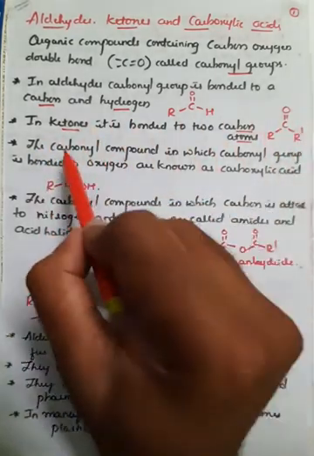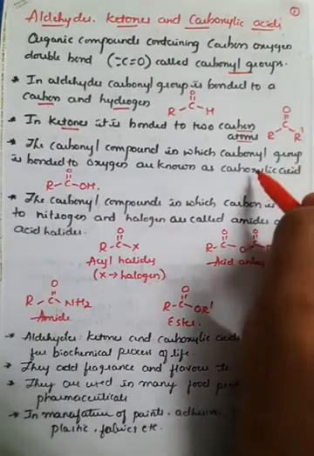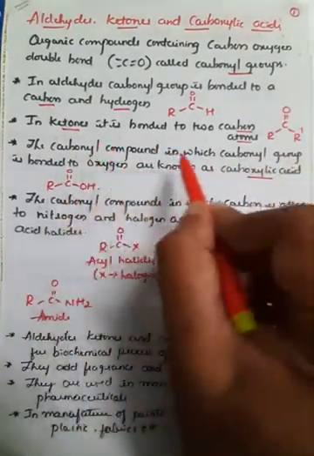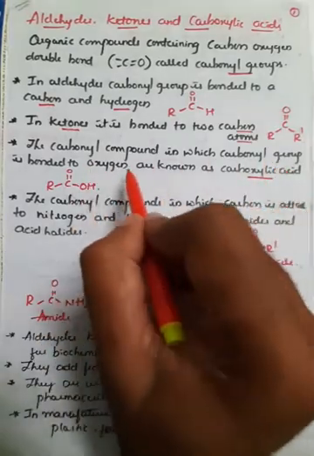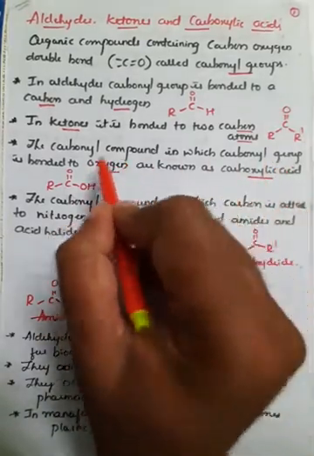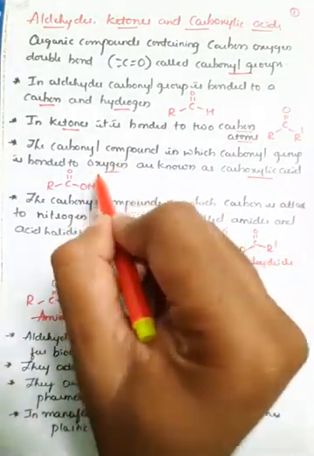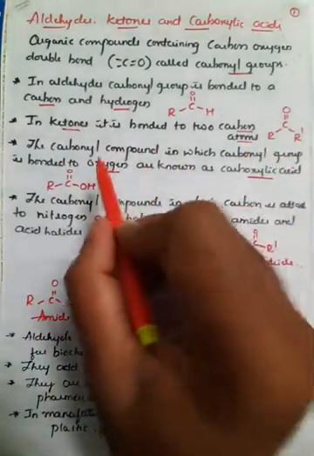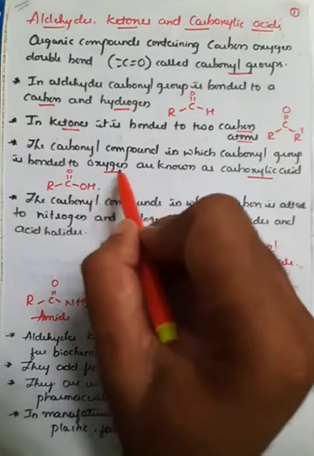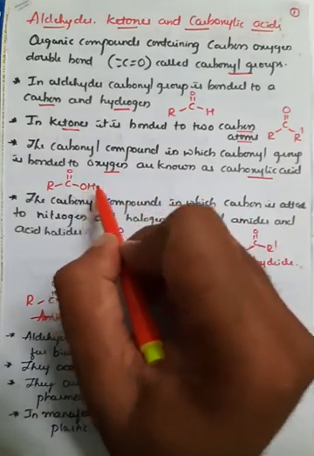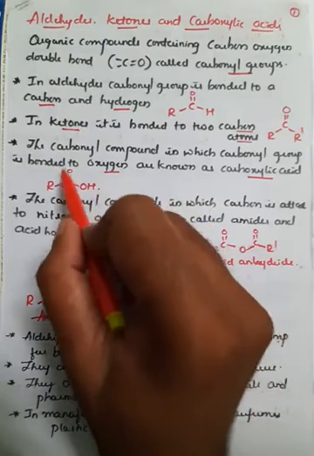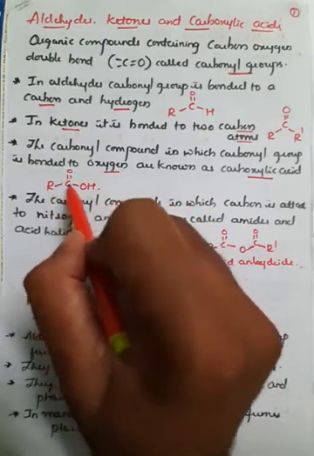But if you go for the carboxylic acid group, right? So in case of carboxylic acid, what comes? Here the carbonyl group is bonded to oxygen. If you observe here, the carbonyl group is bonded to an OH group, that is the hydroxyl group, and these are known as carboxylic acids, right? And on one side it is bonded with the alkyl group, right?